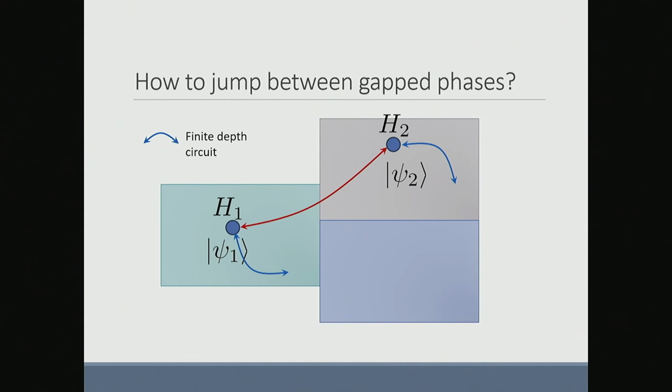So we want to understand what will take us from one phase to another phase along this red arrow, right? And of course, we know that from the Hamiltonian perspective, what happens is that you tune some parameter in the Hamiltonian, it goes across the phase transition, the gap closes, singularity happens, something dramatic at the critical point, and then the gap opens up and we enter into a new phase. So that's the picture everybody has.